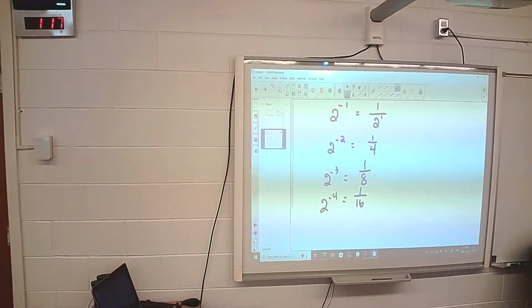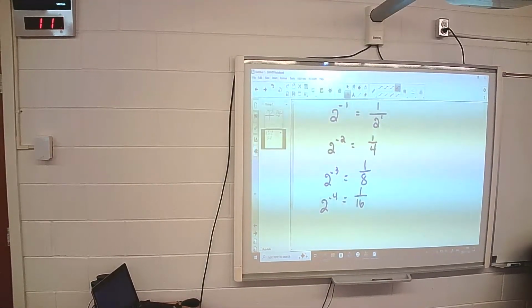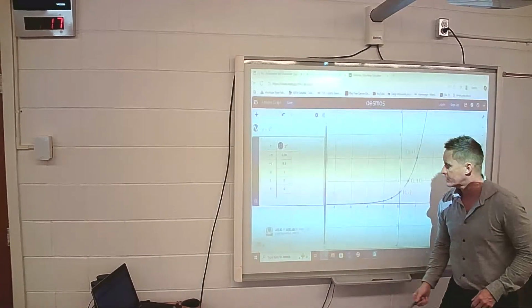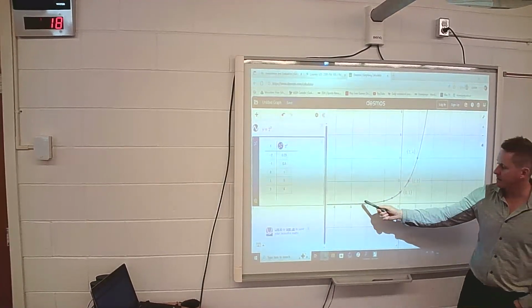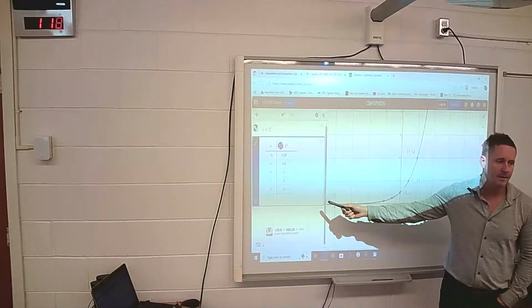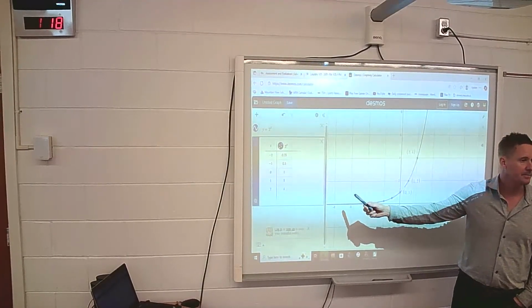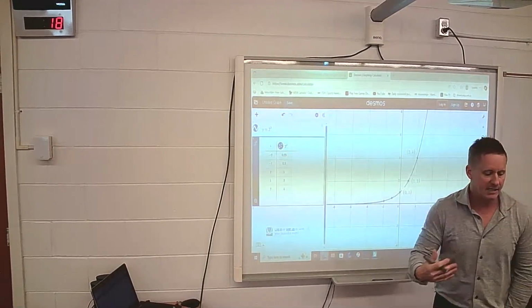But cannot reach 0. All right, so it's going to get closer and closer to 0. So therefore, that is why I consider this an asymptote right here, because these values, the further I get out here, the closer it's going to get to the x-axis, but it's not going to hit it. All right? This is exponential functions.